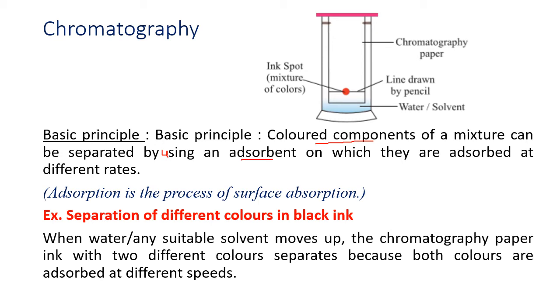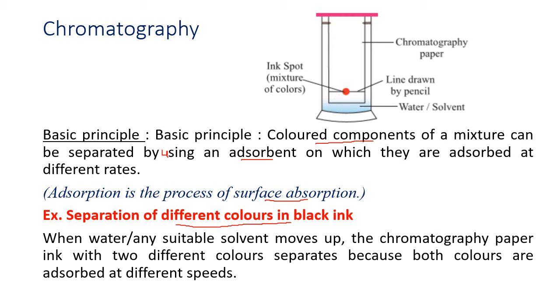What does adsorb mean? You have used the word absorb, but this is adsorb. Adsorption is a process of surface absorption, meaning it is not absorbed inside, it only remains on the surface. Like I told you, the example is separation of different colors in black ink. Black ink contains a lot of colors, so we are going to separate all the colors.